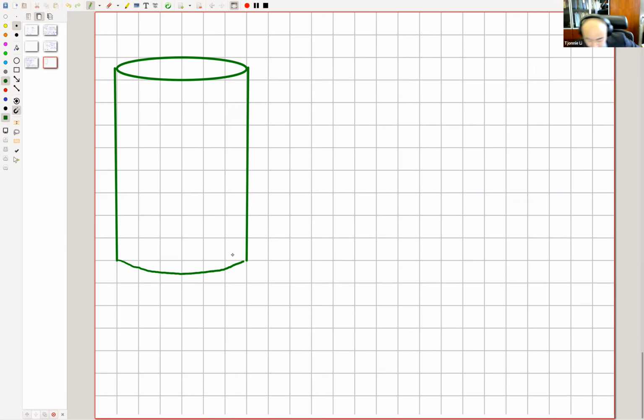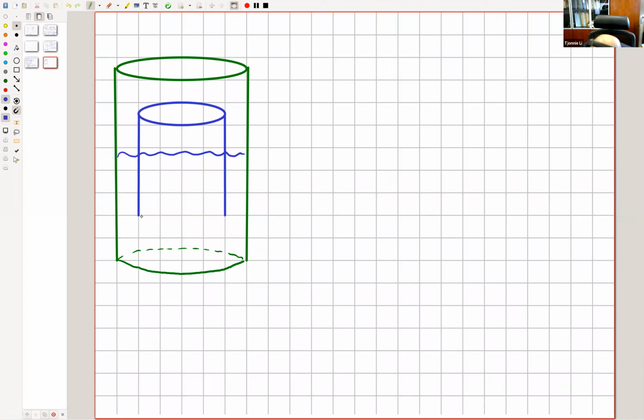Okay, and so what I'm going to do is fill this with a particular liquid. And I'm going to put another, smaller cylinder in here, submerged into this fluid.